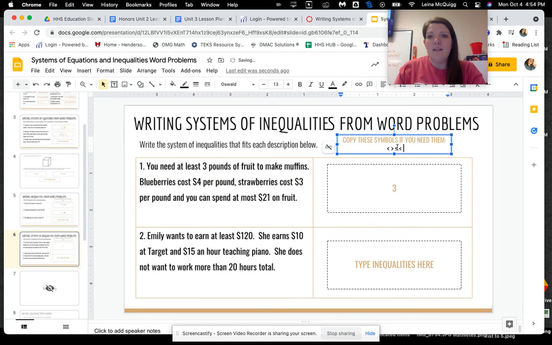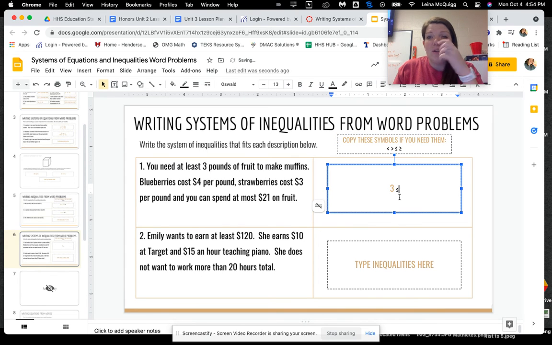Nope, at least. At least means, oh, what did I do? My goodness, y'all messed up. Okay. All right. At least, you need at least 3 pounds of fruit. So that means the amount of blueberries and strawberries combined that I'm buying has to be greater than or equal to 3.